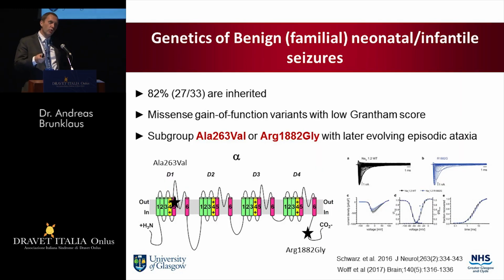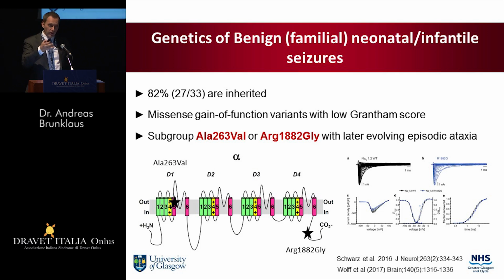I will now talk a little bit more about the specific phenotypes found in SCN2A and the genetic changes. For the benign familial neonatal infantile seizures, 82% of those tend to be inherited. There were only 6 de novo variants found, and these all tend to be missense gain-of-function variants with generally a lower Grantham score.